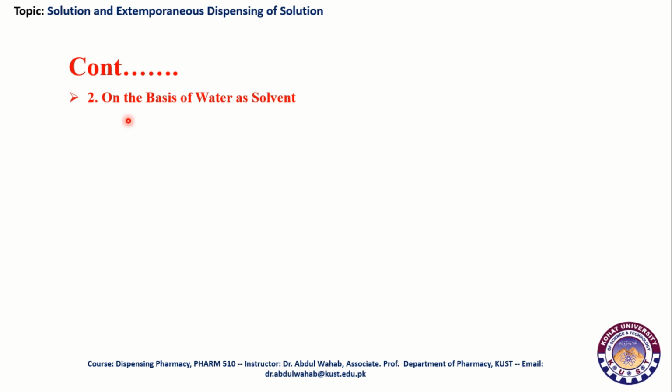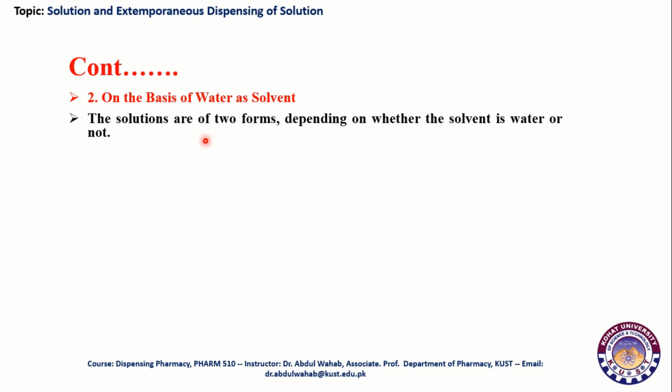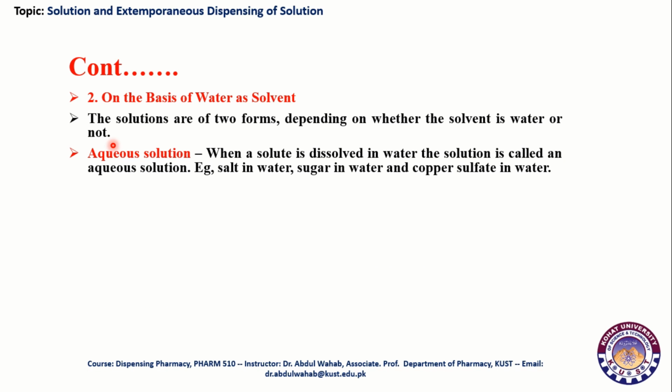Similarly, the different types of solution on the basis of water as a solvent: the solutions are of two forms, depending on whether the solvent is water or not. If the solvent is water, it is an aqueous solution.